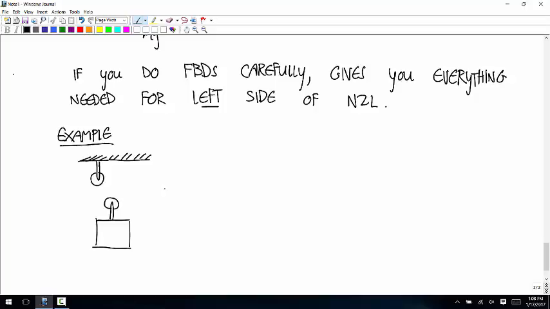And this object is supported by a cable that goes from the ceiling over that pulley connected to the mass, and then up to the pulley connected to the ceiling, and then downward force T. And let's say the mass of this object is 100 kilograms.